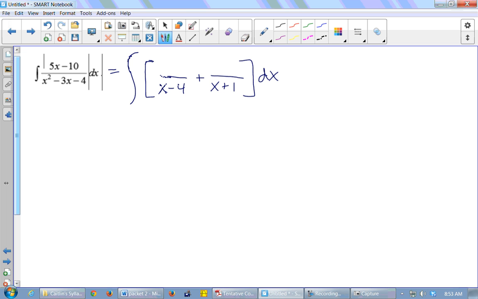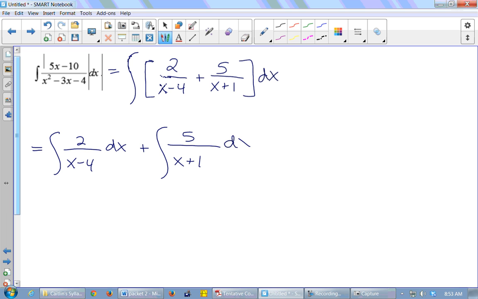And this was a and this was b, which I have now solved, and I have 2 and 5. Okay, so I can rewrite that as two separate integrals, right? When you take the integral of a sum, you can take the integral of each piece separately. So this is the integral of 2 over x minus 4 dx plus the integral of 5 over x plus 1 dx.